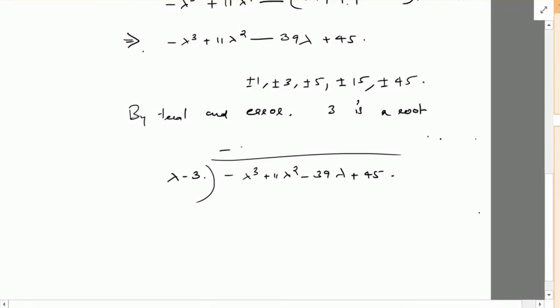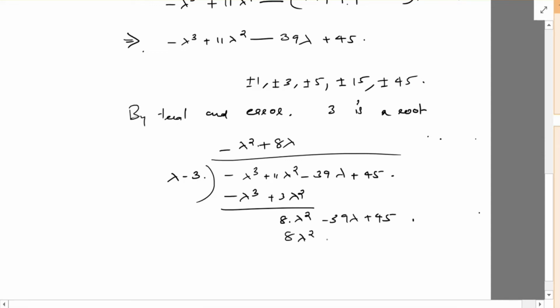First term will be minus lambda square. The next term in the quotient will be plus 8 lambda.